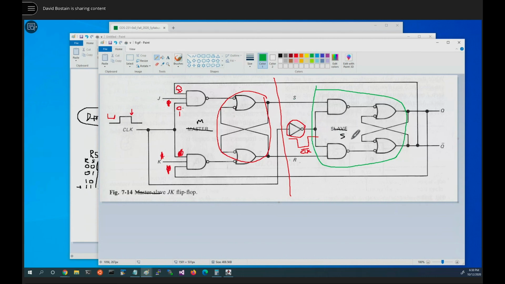Since we know latches, if they're clocked with level clocking, this makes the perfect level clock because it's going to block while it's low, and as it goes high right here, it will latch whatever S and R are. But that's exactly the same time as this one latched its J and K into S and R, delayed only by a little bit because of this inverter.